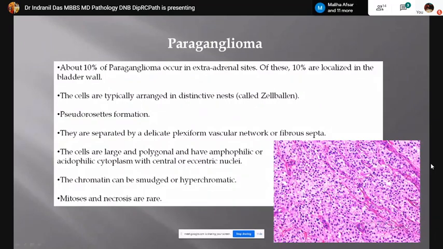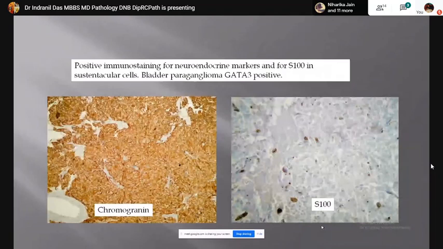The chromatin can be smudged or it may be hyperchromatic. Mitosis and necrosis are usually rare in paraganglioma. On immunohistochemistry, they show positive staining with neuroendocrine markers like chromogranin, neuron-specific enolase, synaptophysin, and the sustentacular cells present between the fibrous septa separating the paraganglioma cells show positivity for S100.